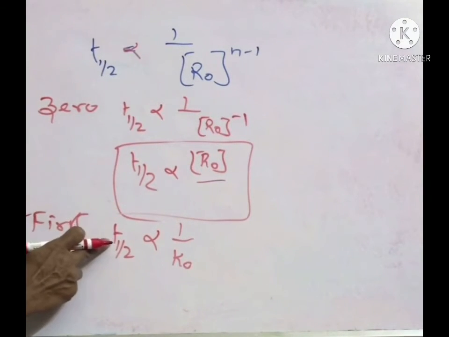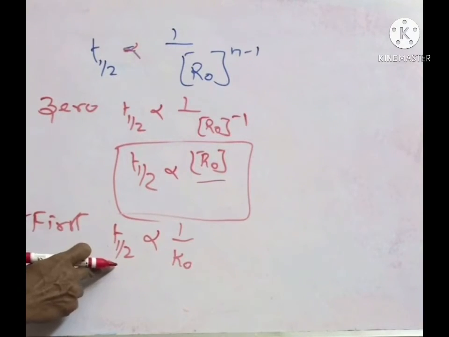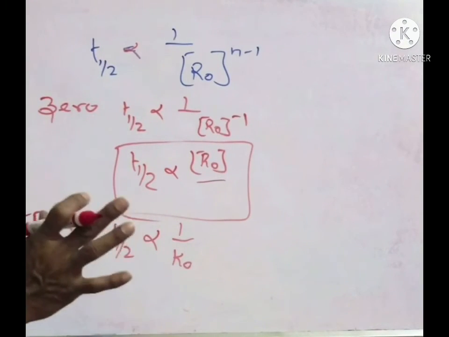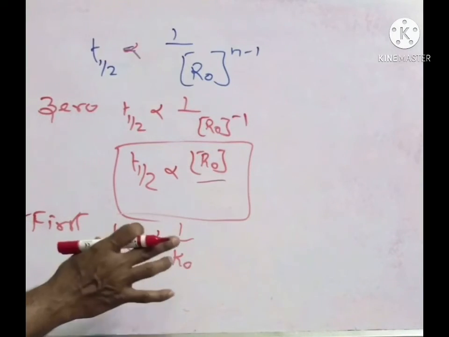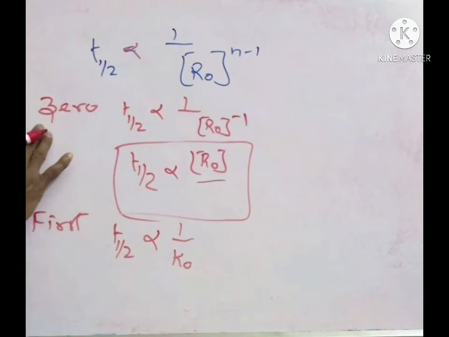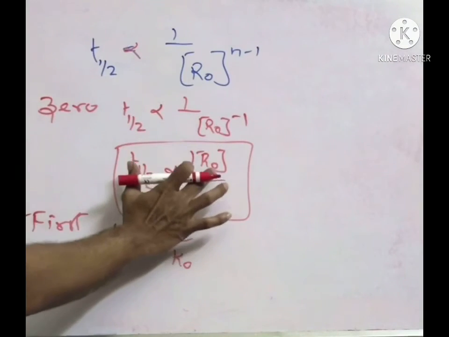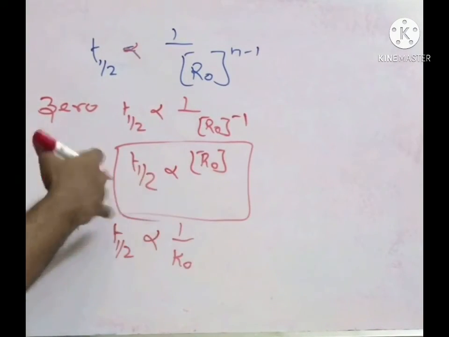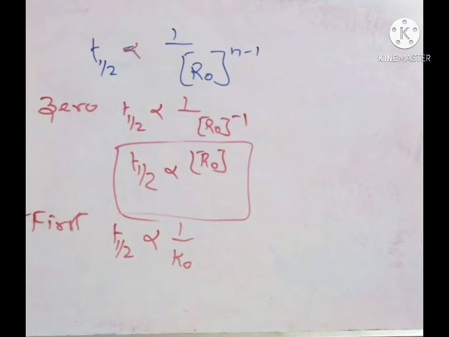Whatever the initial concentration, T1/2 is constant for a first order reaction. But if it is a zero order reaction and the initial concentration is higher and higher, your T1/2 will be higher and higher. That means it takes more time to become half of its original concentration.